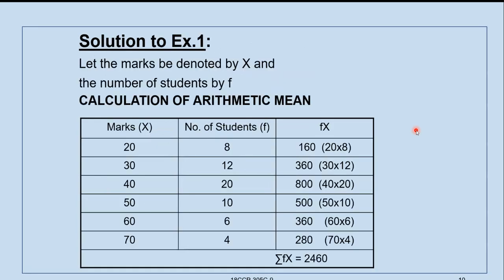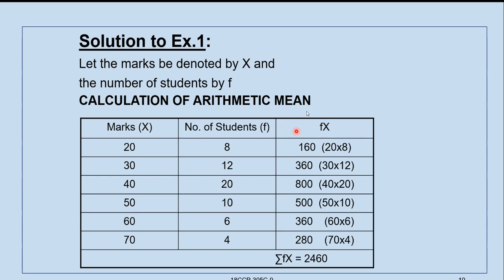In the solution, as I said, marks are denoted by capital X, and the number of students are denoted by small f, that is frequency. So in the first column, we have taken all the marks. In the second column, we have taken all the number of students. And in the third column, as I said, fx is taken.